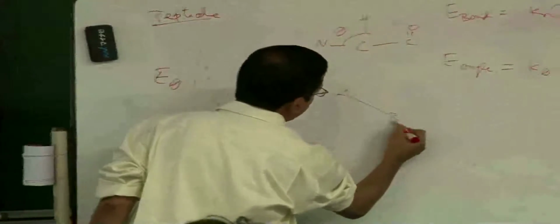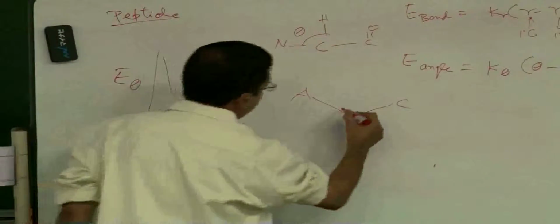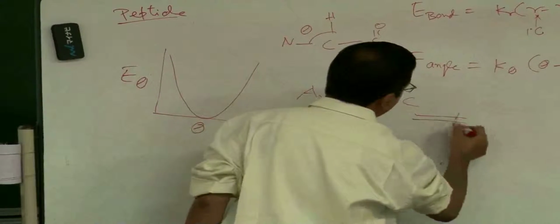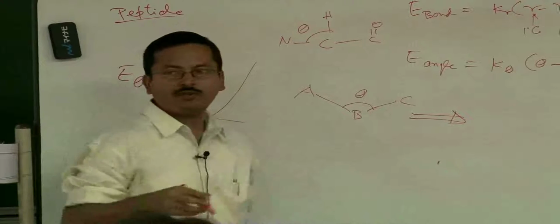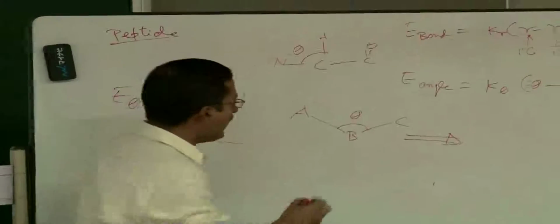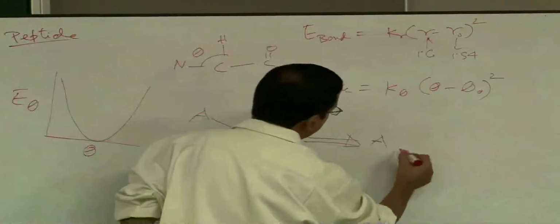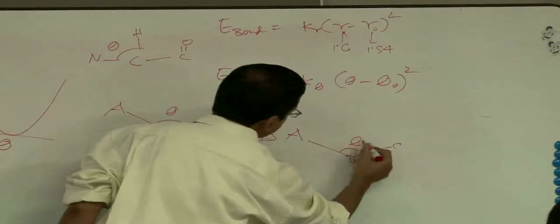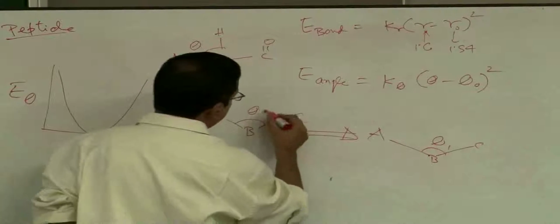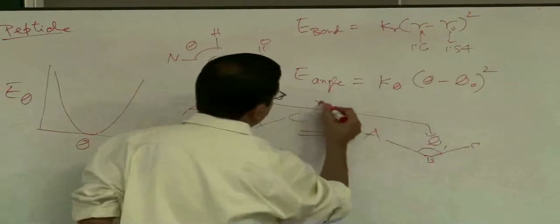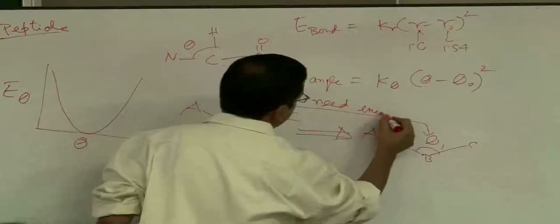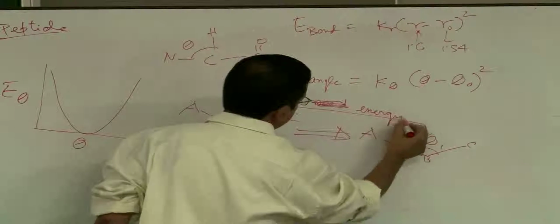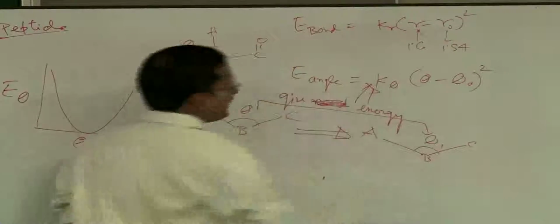Maybe your molecule is A, B, C, and this is the angle theta. But during computer simulation, which we will discuss in a moment, your angle value may change. Maybe it will become something like this, it can increase. So, this is theta 1. Going from theta to theta 1, you have to give energy, and this is the expression for how much energy you need to give.